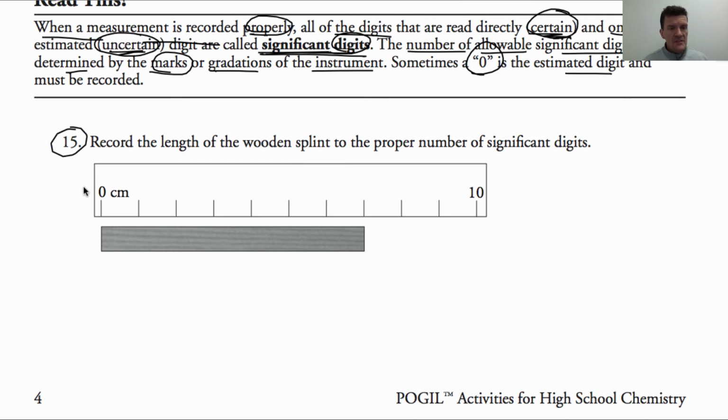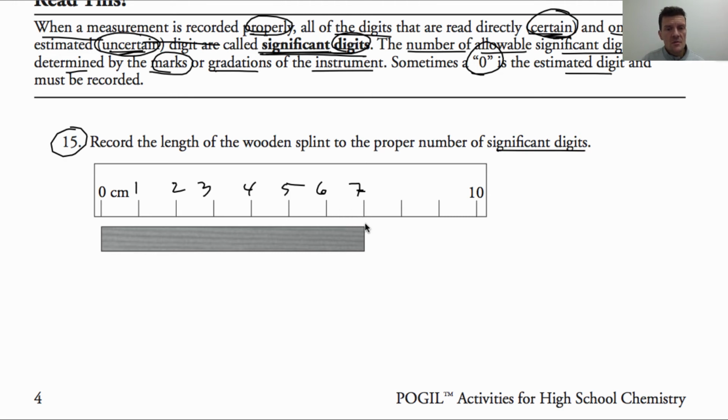15 says record the length of the wooden splint in the proper number of significant digits. Notice you only have marks here on every centimeter. So 1, 2, 3, 4, 5, 6, 7. Pretty close to 7. Maybe everybody might agree that it's at least 7 or bigger, but some of you might say, no, I think it's not quite 7.